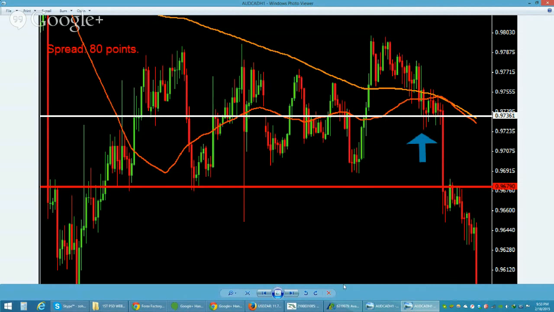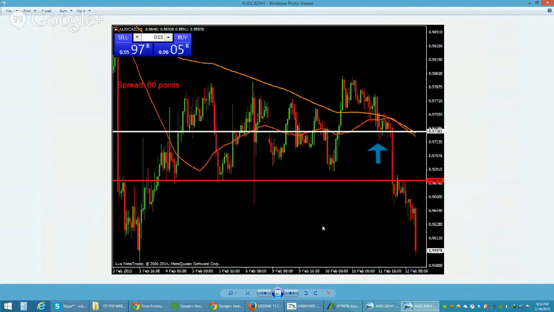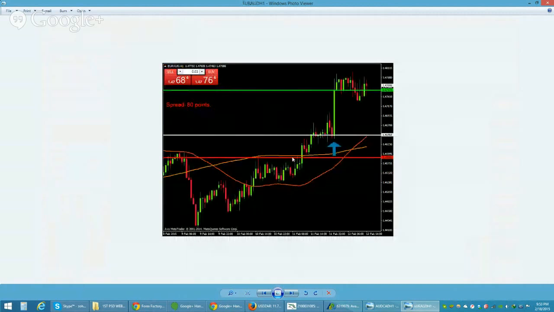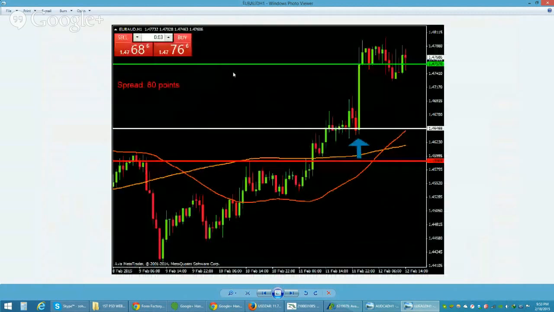The other thing I did at the same time was I traded the Euro Aussie as well. I was hedging the Australian dollar against the Euro and the Canadian dollar.